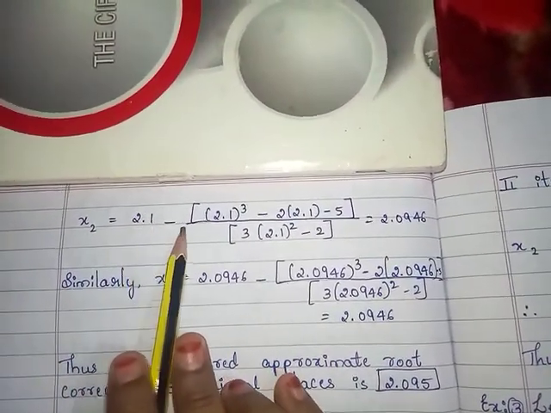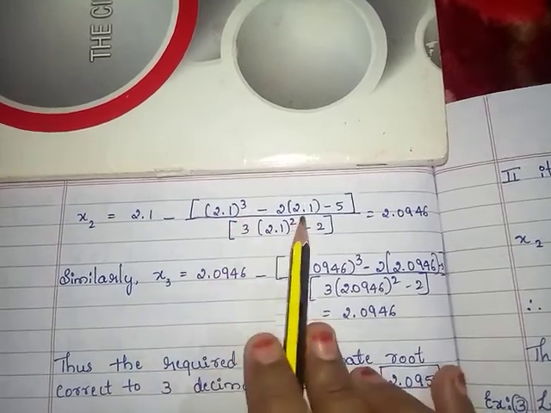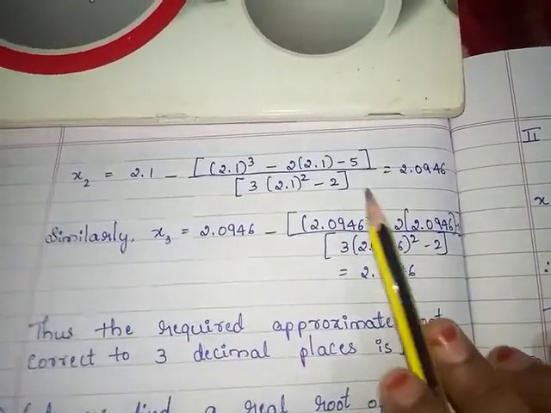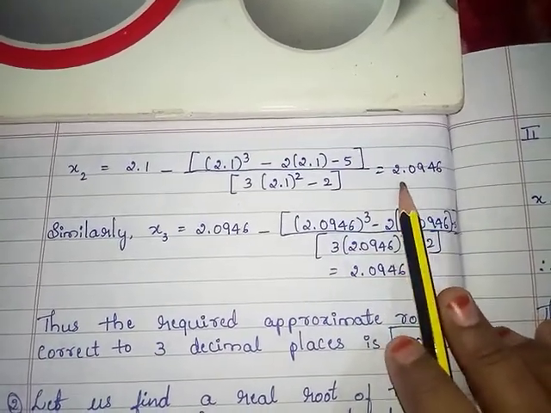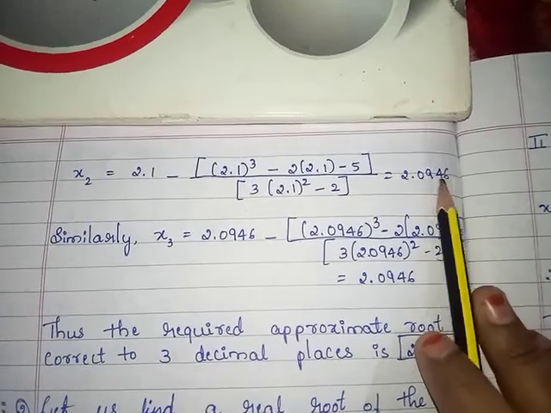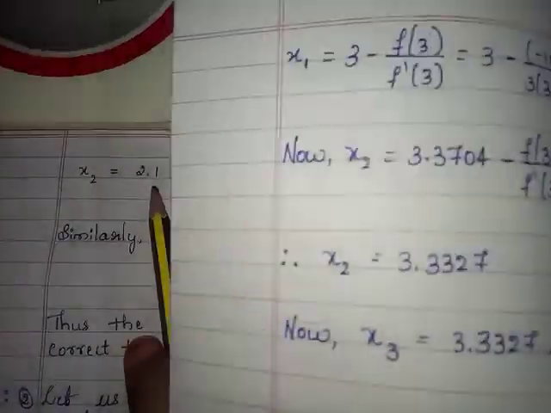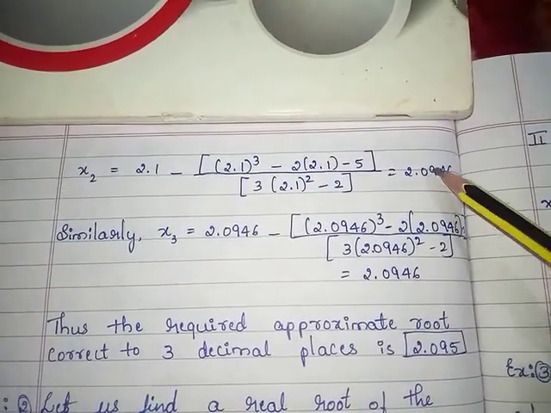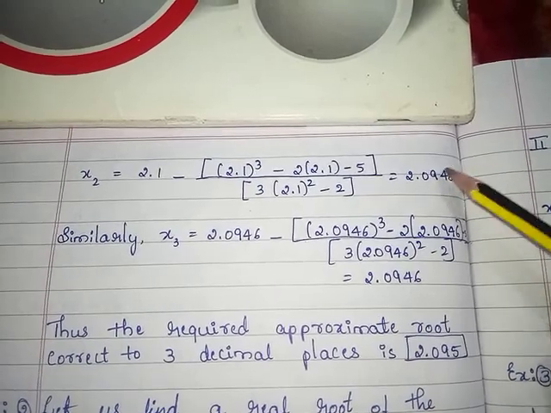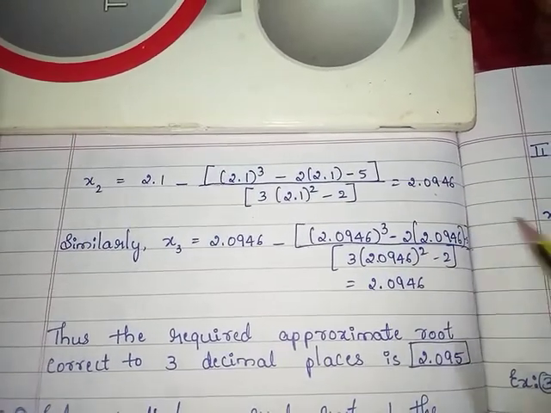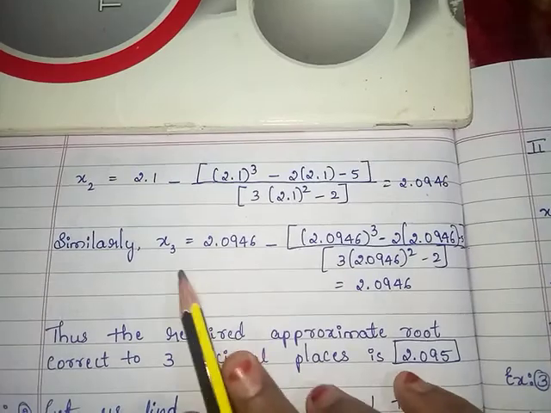See here, 2.1 minus 2.1 cube minus 2 into 2.1 minus 5, divided by 3 into 2.1 square minus 2, is equal to 2.0946. Our x1 value is 2.1 and x2 value is 2.0946. These are not the same, so go through the next approximation, that is x3.